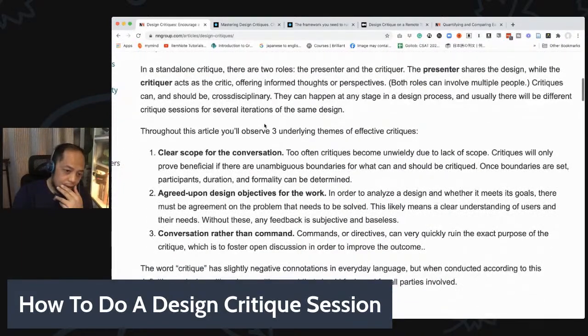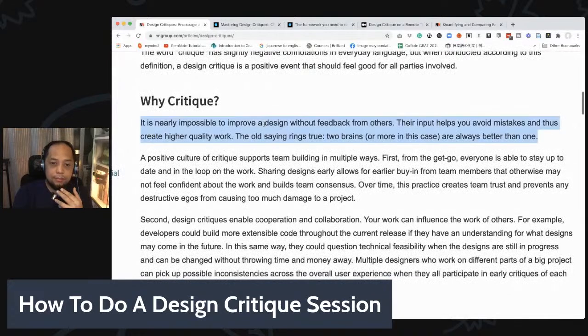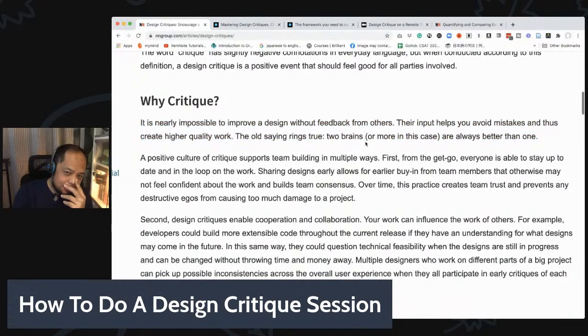Okay, why critique? Two brains are always better than one. Yes, the problem in my experience with design is if you are working on a design alone, there are things that you miss, or there are certain personal biases that come in.